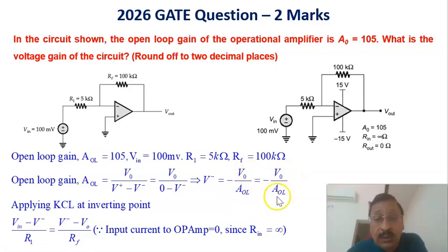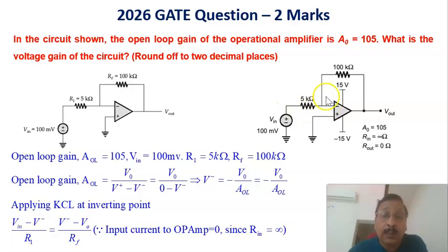Therefore, V minus is equal to minus V0 divided by the open loop gain. That is how we found out the voltage at this point.